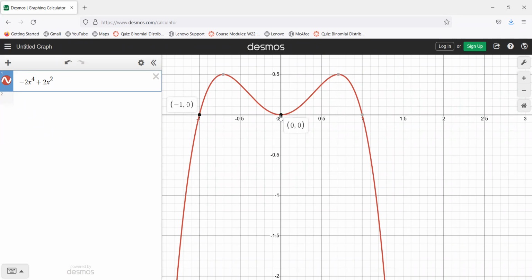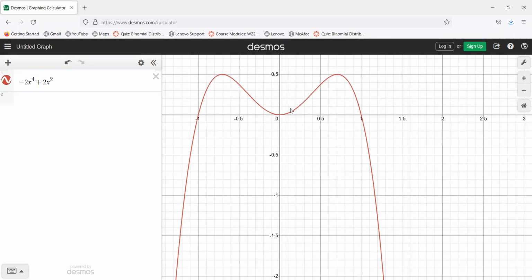The other one is at the origin. My x is 0. And finally, I have negative 1, positive 1, and 0 as 3 points of intersection with the x-axis, x-intercepts, or the zeros of the function.